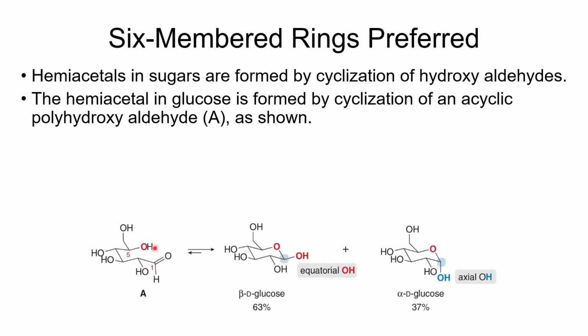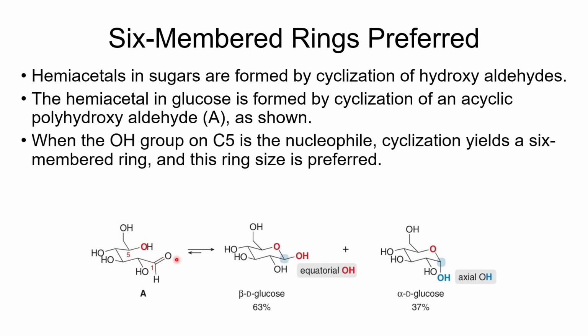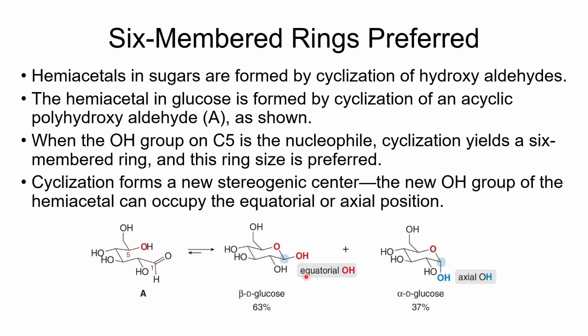Now, because we're creating a new stereogenic center, we're going to have some interesting stereochemistry occur. There's two possibilities for this. One possibility gives you this, which is the beta D-glucose, and then the other possibility gives you the alpha glucose. I want you to think for a second what kind of isomers these are.